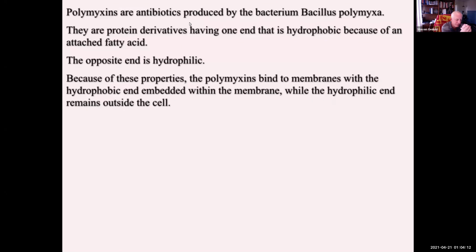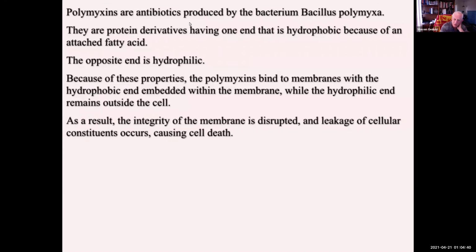Because of these properties, the polymyxins bind to membranes with the hydrophobic end and become embedded in the membrane. Remember, membranes are a bilipid layer, polar on the outside, hydrophobic on the inside, with long-chain fatty acids. So these polymyxins can bind inside the membrane structure, inside the hydrophobic portion, while the hydrophilic ends remain outside the cell.